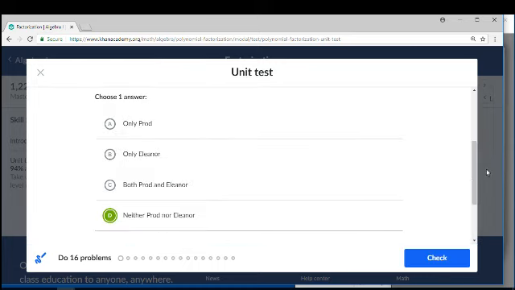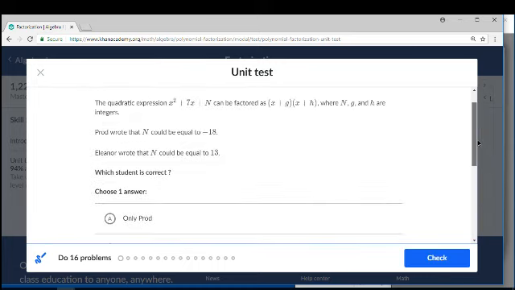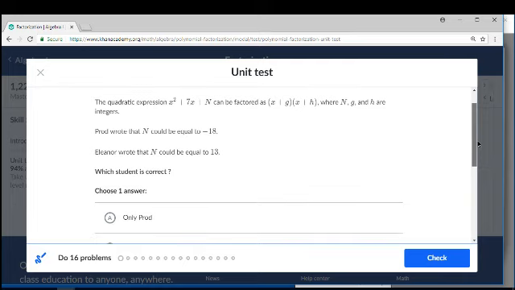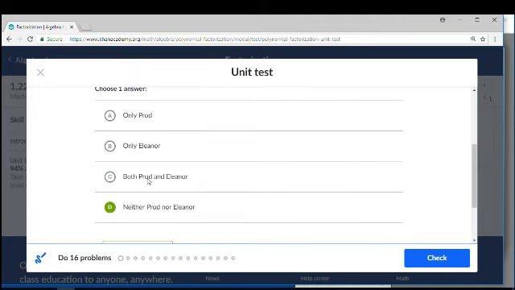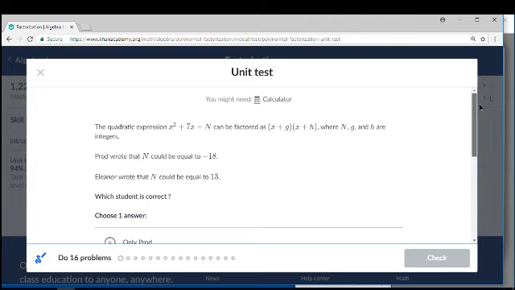So I'm going to say neither because, wait a second. So this is what it's really asking.